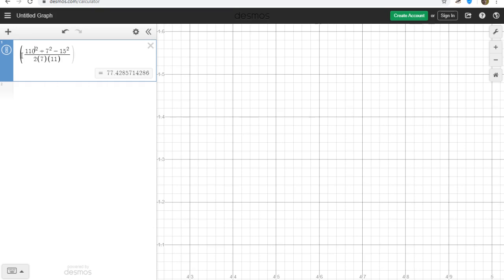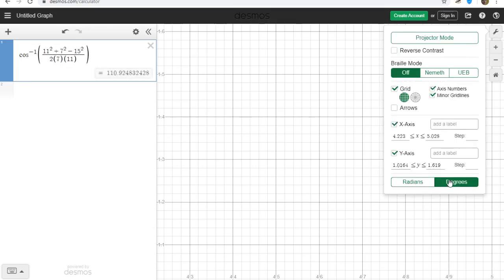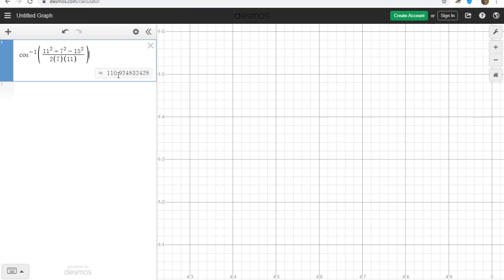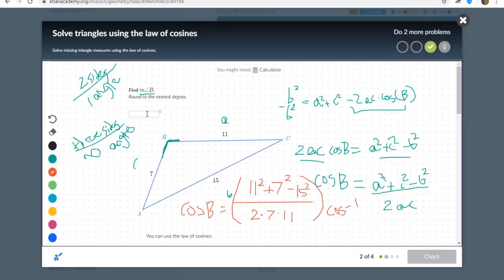Oh, not 110 squared. That would be ugly. Cosine to the negative 1 of this mess. Again, make sure your calculator is in degrees. It says round to the nearest degree, so I'm going to say 111 degrees is our answer.